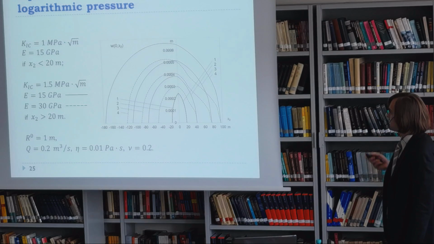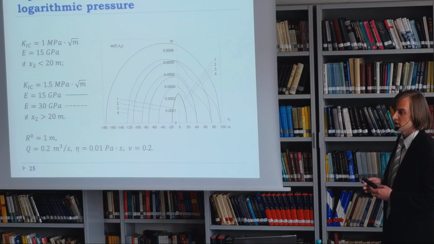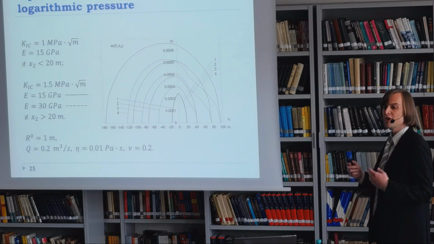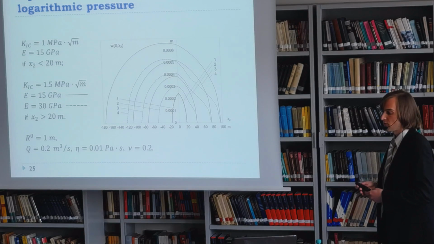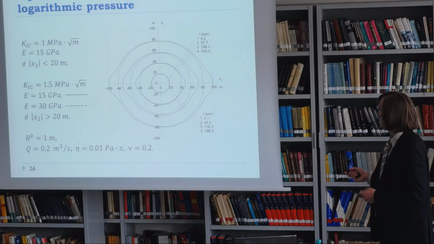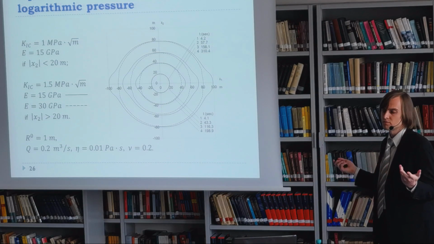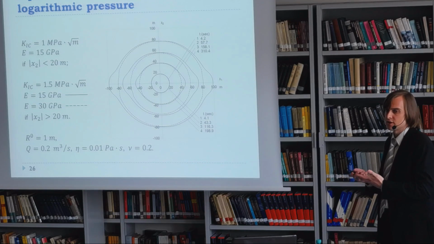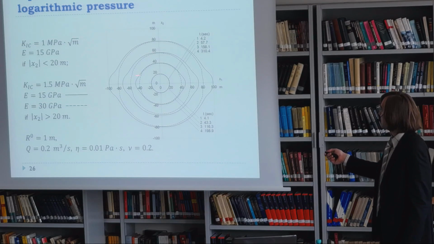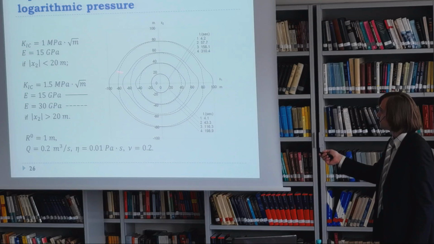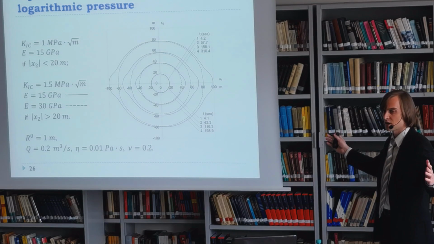We have also applied it to a more real case, because in the case of fracking we would expect our injection point to be, well, here we have a layer where the fracking is applied, but generally it is situated between two harder layers.